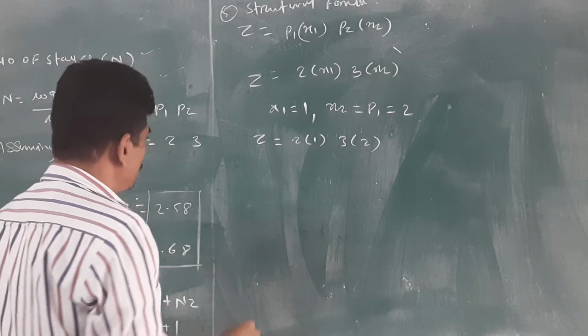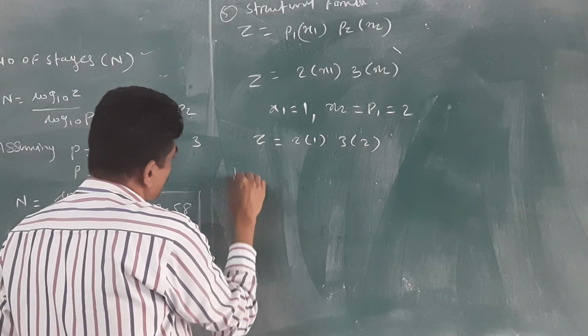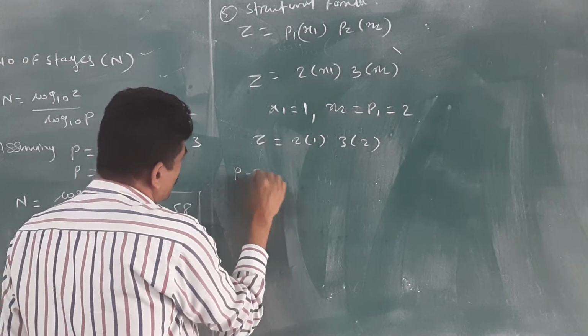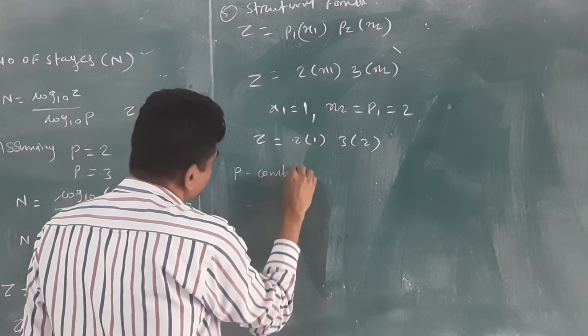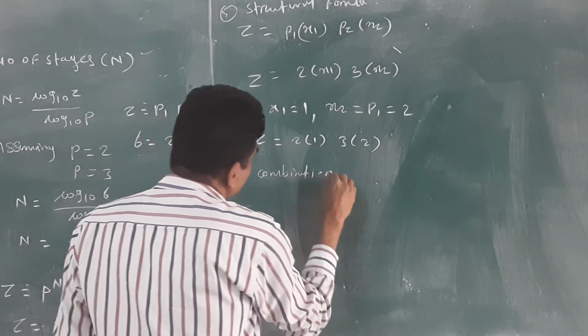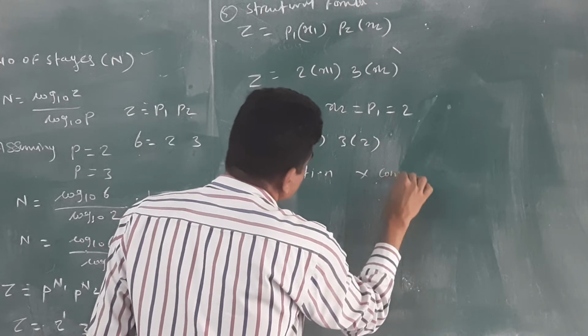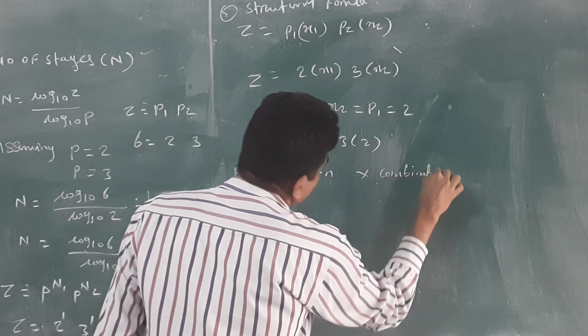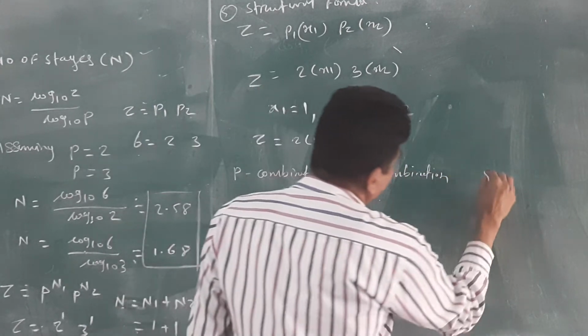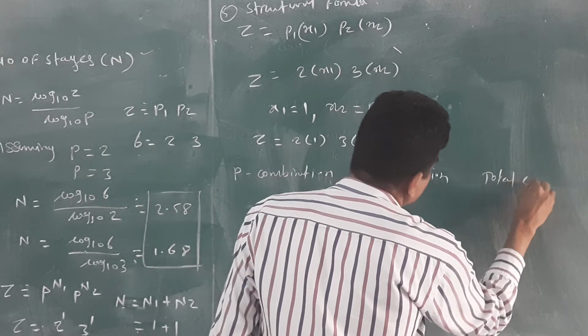Okay, we will check with the help of that table. Yesterday I gave one table of P combinations and X combinations, with the total combinations.